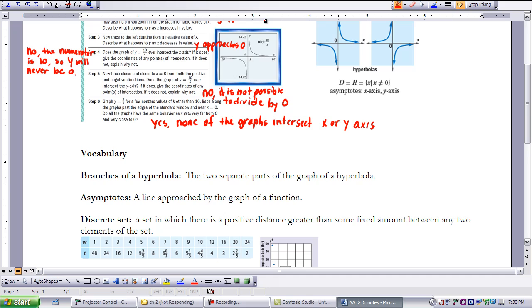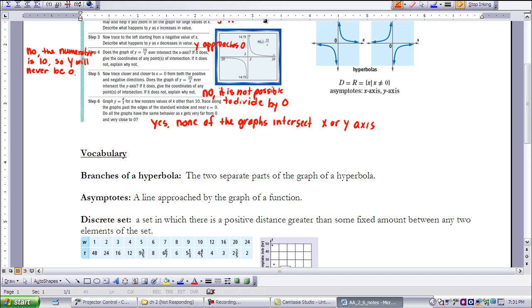We also have something called asymptotes. An asymptote is a line approached by a graph of a function. In this graph, we actually have 2 asymptotes. We have the x-axis and the y-axis both. Both of these lines are approached by our graph but never reached.